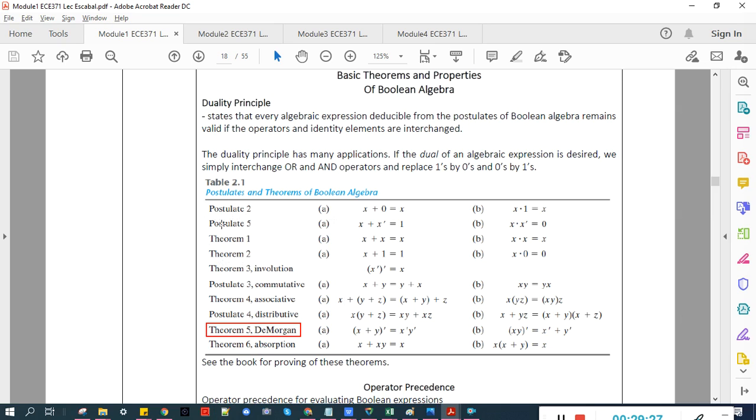Let's not mind these postulates and theorems. We can go back to our previous discussion. Let's focus here. So x plus x prime is equal to 1 by postulate 5. And then x dot x prime is equal to 0. This is x plus x is equal to x. Then x dot x is equal to x.